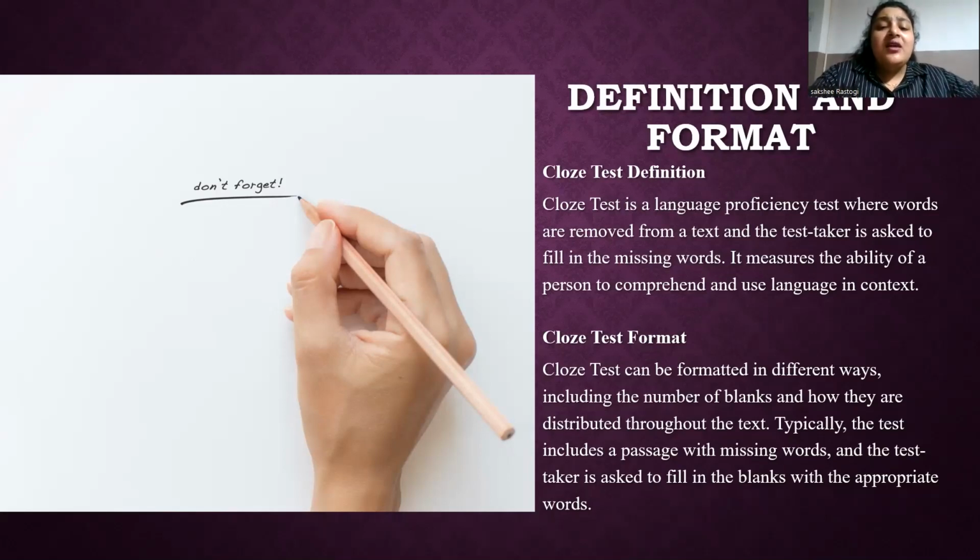Answer space for the test takers to write their answers. Options: this is optional, where we give a multiple choice question for each blank, along with additional questions or tasks related to the passage. Note: the format may vary depending on the specific type of cloze test and its purpose.